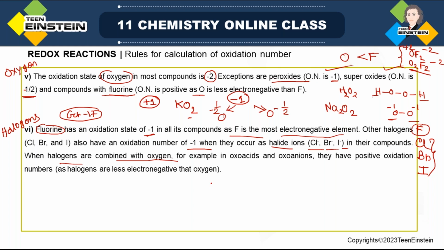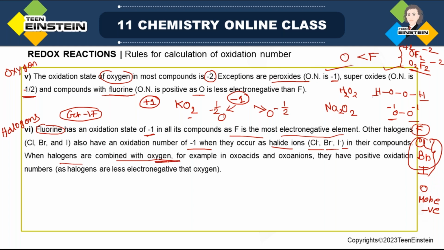Here we are focusing on these three, not F. F is separate: Cl, Br, I. If you compare electronegativity with respect to oxygen, obviously oxygen is more electronegative than Cl, Br, I. So in any compound between oxygen and chlorine, bromine, or iodine, the positive side will be towards Cl, Br, I because oxygen is more electronegative.